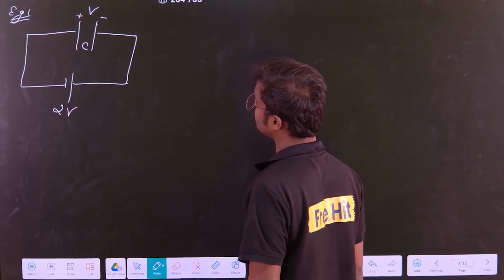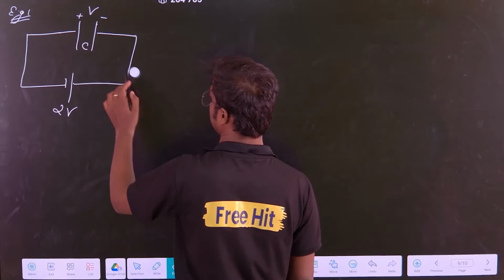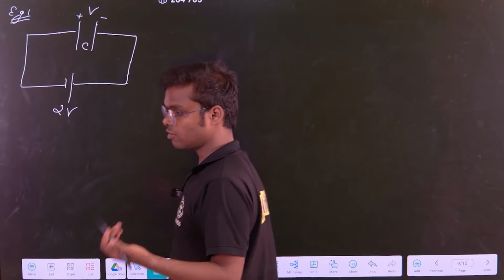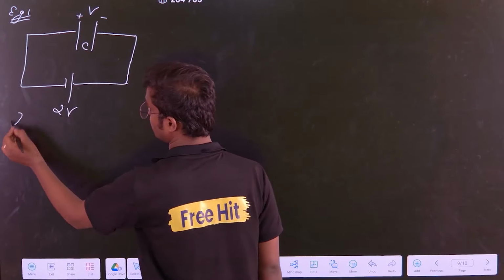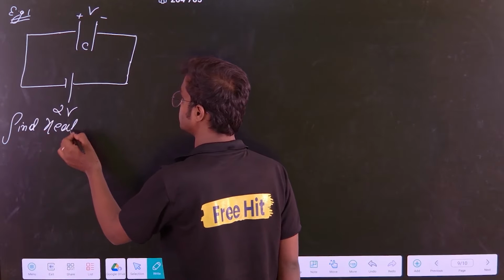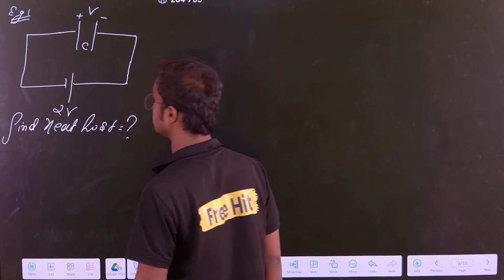My question is, obviously initially there will be a resistor in the circuit, so some amount of heat loss must happen there, correct? Obviously my question is to find the heat loss. How much heat is lost in this example?